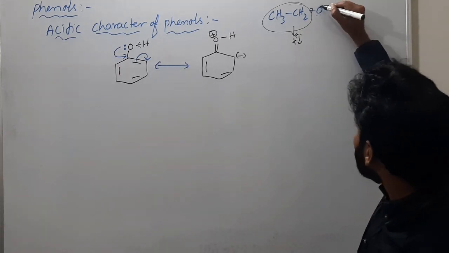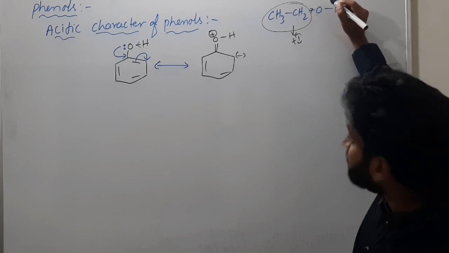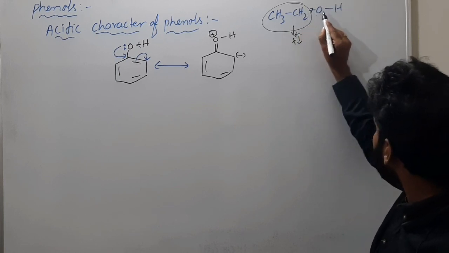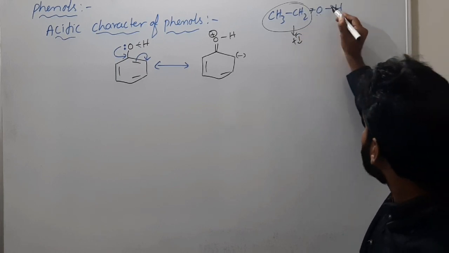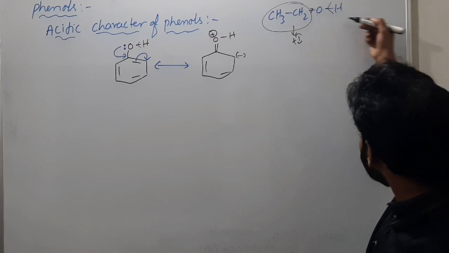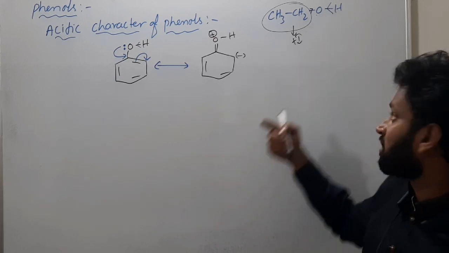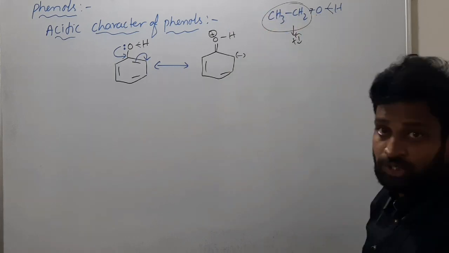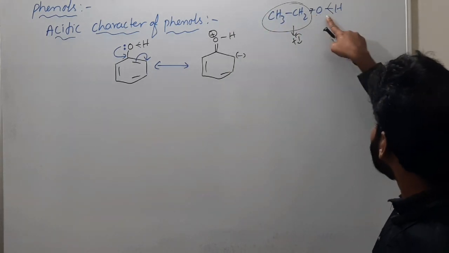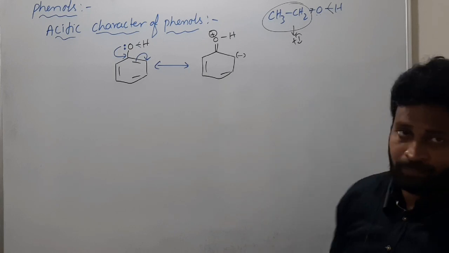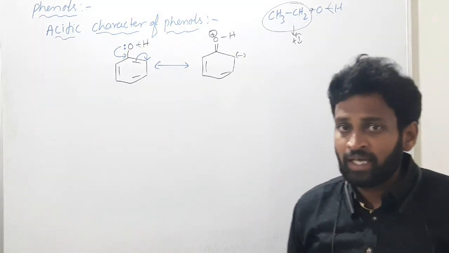Certainly oxygen has more electron density because the sigma bond electrons are moving towards oxygen. So sigma bond migration towards oxygen is difficult because of electron repulsion, and H plus cannot come out easily here. Got it what I am saying?